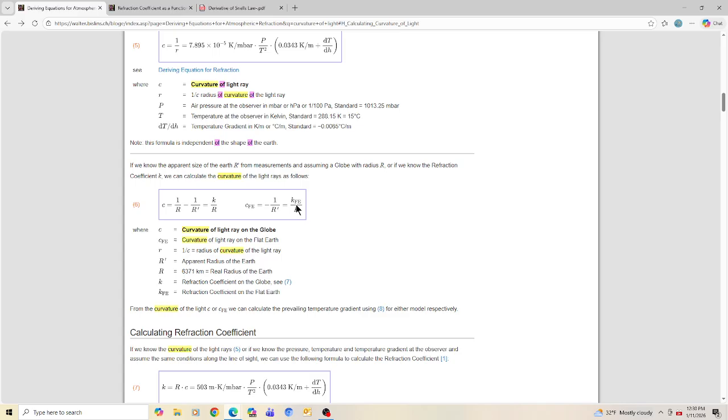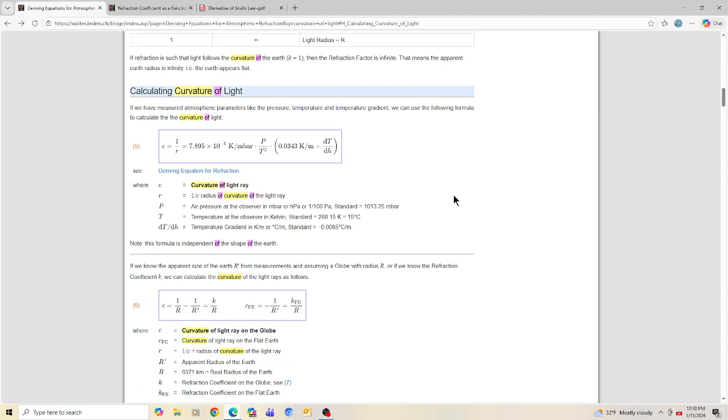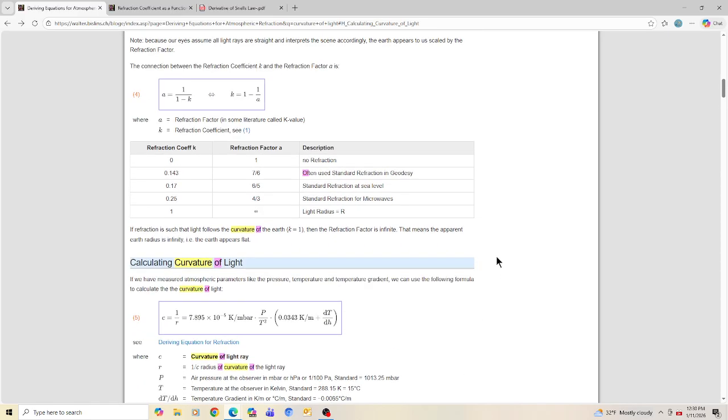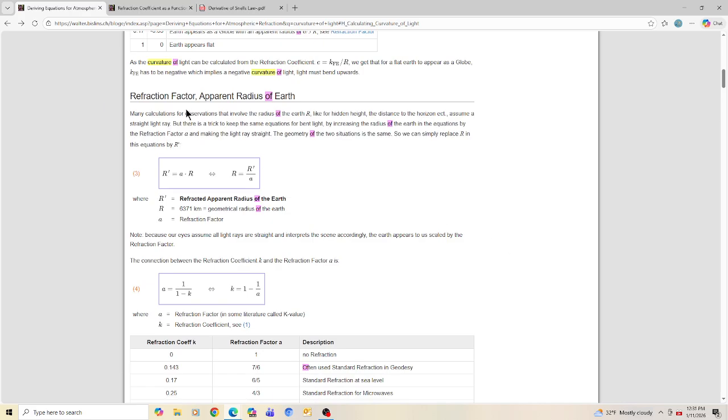And how they do it, if we know the apparent size of the Earth, and where's the apparent size? Refraction factor, apparent radius of the Earth. Many calculations for observations that involve the radius of the Earth, flat Earth observations, flat versus globe, like hidden height, distance to the horizon, assume a straight light ray.